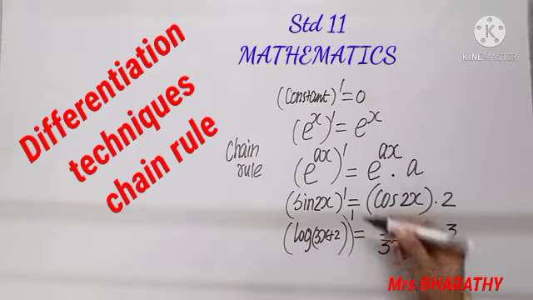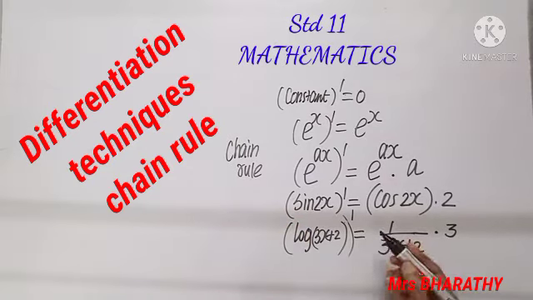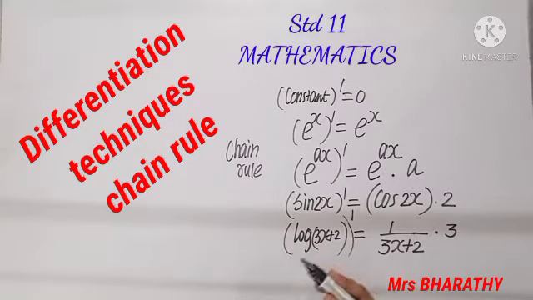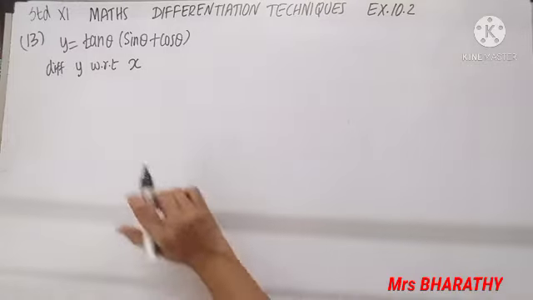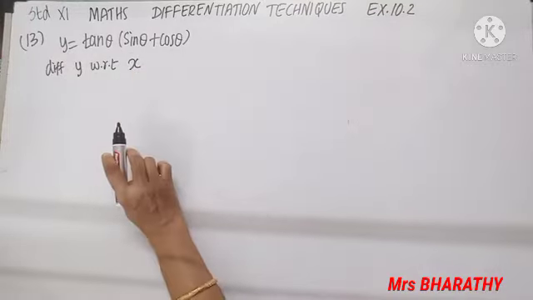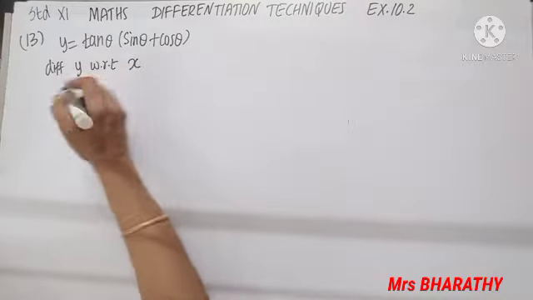These types of problems come under the chain rule. One or two of this pattern we use in exercise 10.2 itself. Question number 13. y is equal to tan theta into sin theta plus cos theta. As we recall the formula list, it is the product rule.